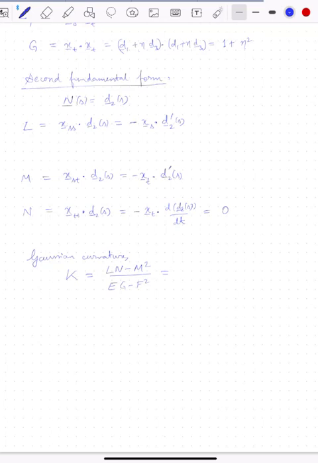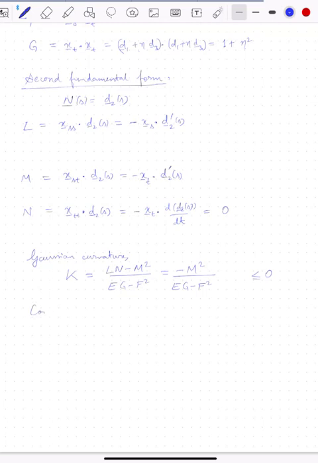And recall that n is 0, so it's just minus m squared divided by eg minus f squared, which, as we had learned, is less than or equal to 0.